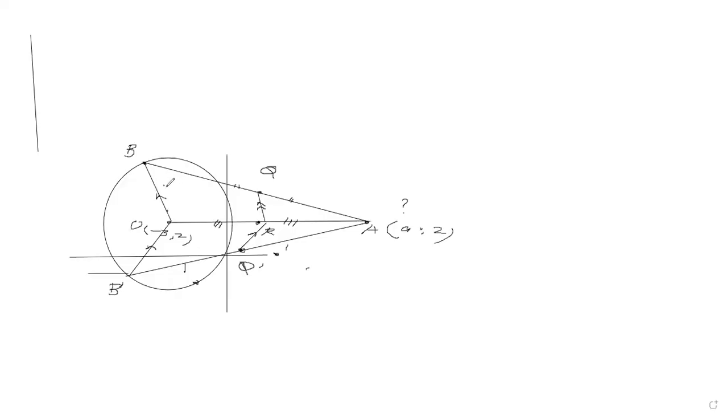And it's given that the radius of the circle is 5. It was given right in the beginning. So QR is half of that, and Q prime R is half of that, which is still 5. So it means that QR and Q prime R are both equal, and they're both equal to 2.5.